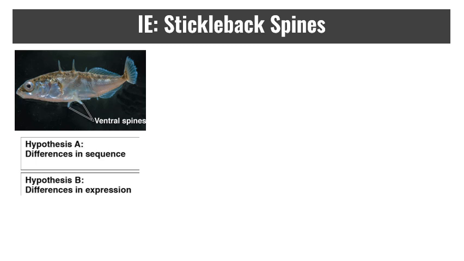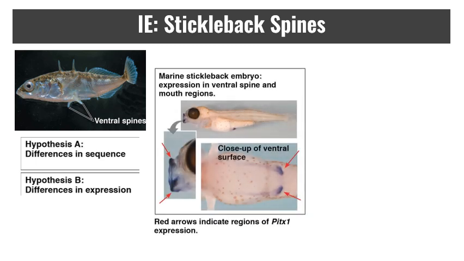This gene influences whether three-spined stickleback fish have a set of large ventral spines. His hypothesis was that either it was a difference in sequence or a difference in regulation and expression. So he studied these stickleback fish, and the spines he found were useful in deterring predatory fish.